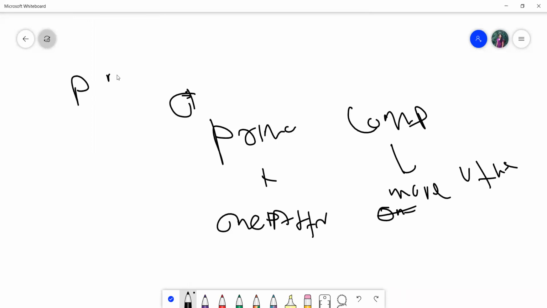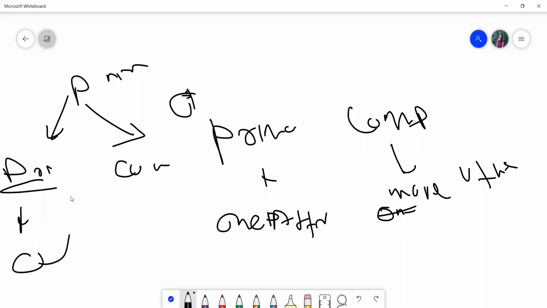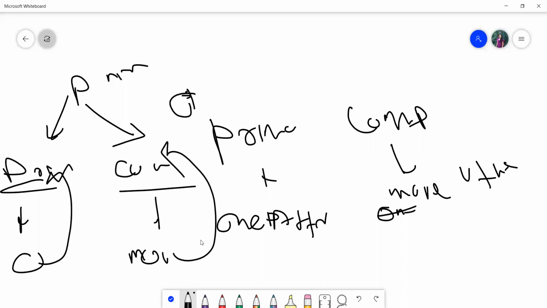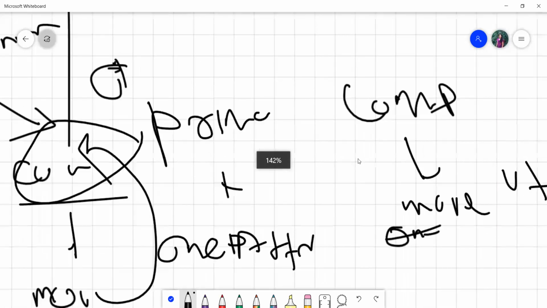So keys can be divided into two categories, the primary key and the composite key. In the primary key scenario, one attribute contributes to form a primary key. In the composite case, more than one attribute contributes to form the primary key. Such keys are known as composite keys. Okay.